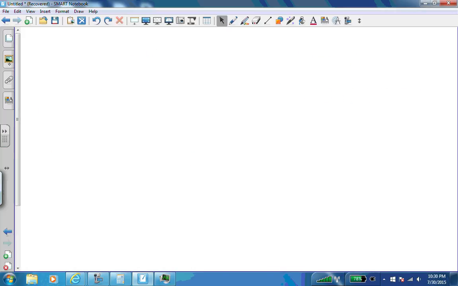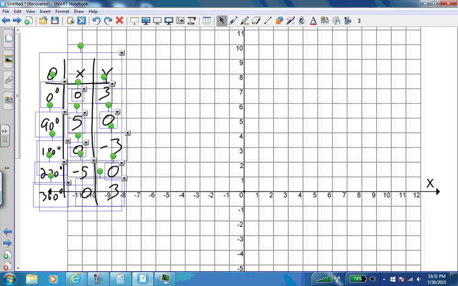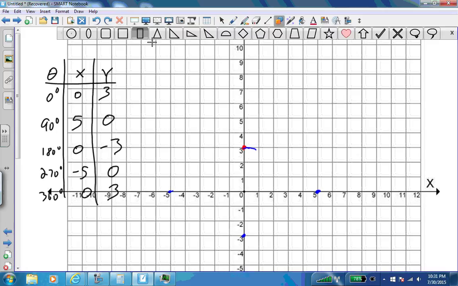So we want to plot this. We begin at 0, 3. And then we go to 5, 0. Then to 0, negative 3. Then to negative 5, 0. And then back to 0, 3. So if we trace that along, let's draw that first.